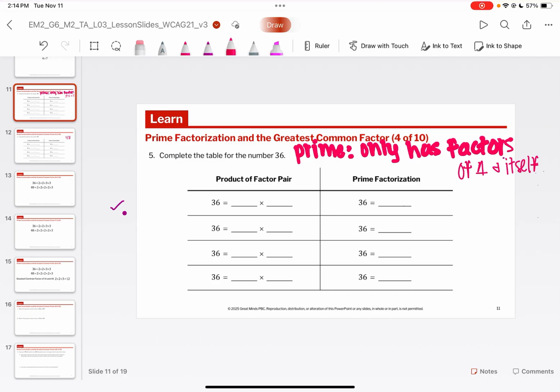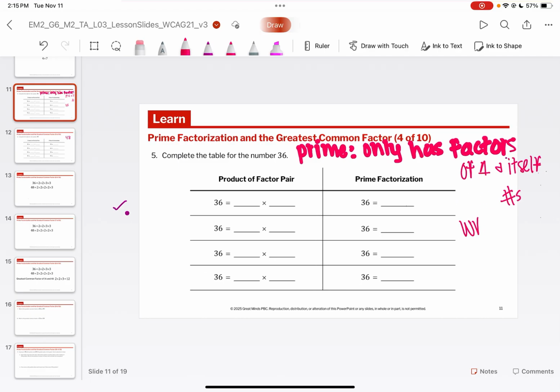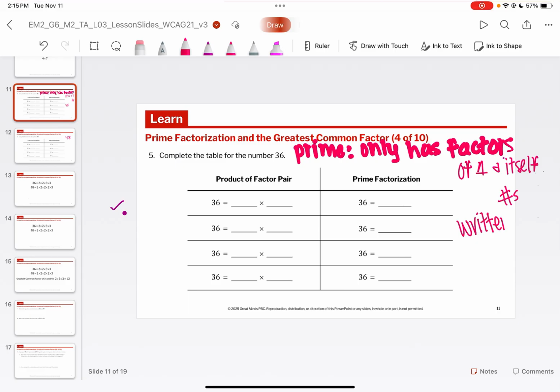A prime factorization is just numbers written as a product of prime numbers, okay?